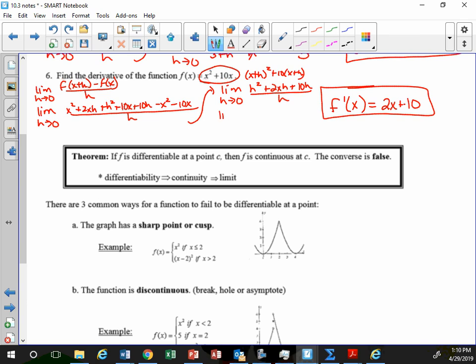H. So limit as h approaches 0 of h times (h plus 2x plus 10) over h. What happens to those h's out in front? Yeah, those are gone. Then you're evaluating the limit as h approaches 0. That is 0. 2x plus 10. That's it. See it?